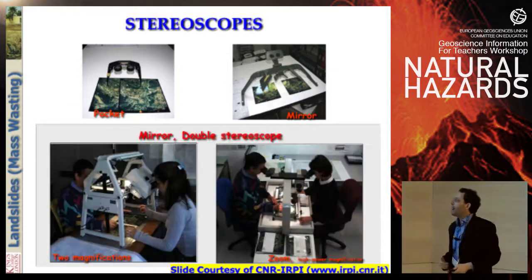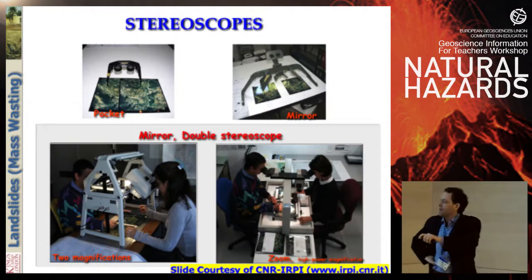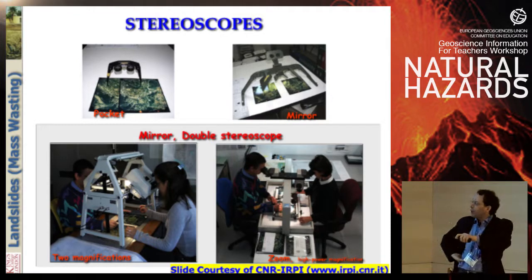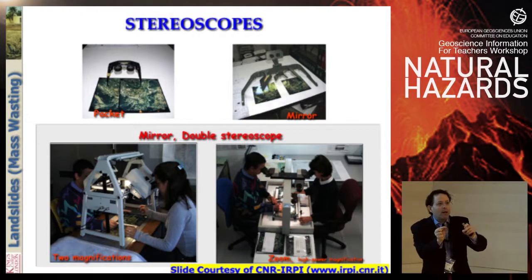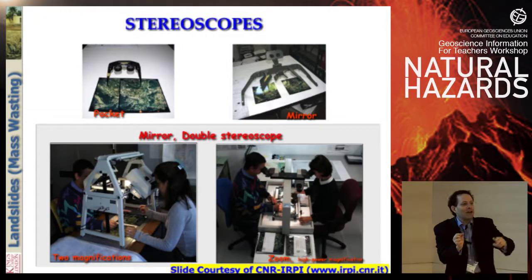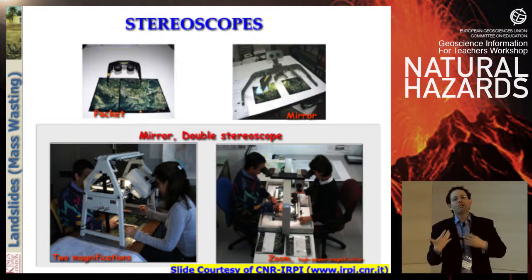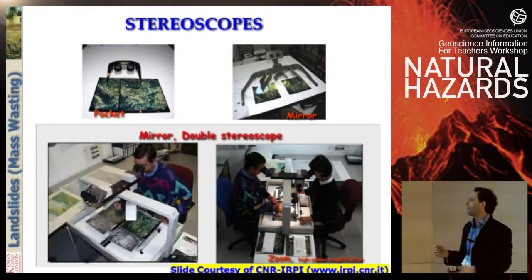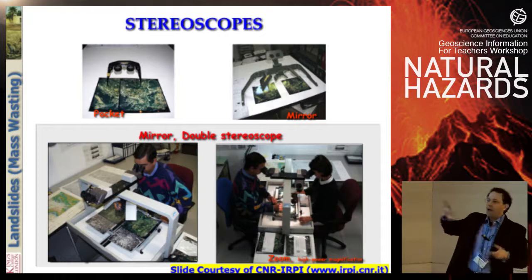This is an example of some of the scientists at CNR working on the air photos. This is a dual stereoscope, so they can outline very carefully each of the landslides that occurred on tracing paper and then later transfer that to a map. So that is how we used to do it.